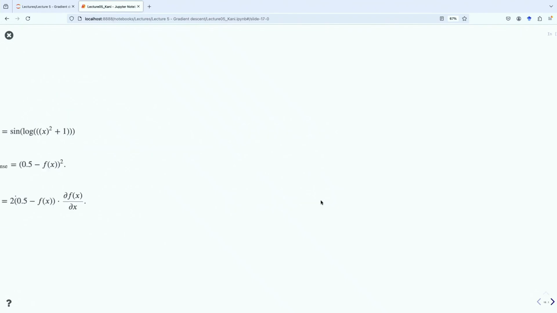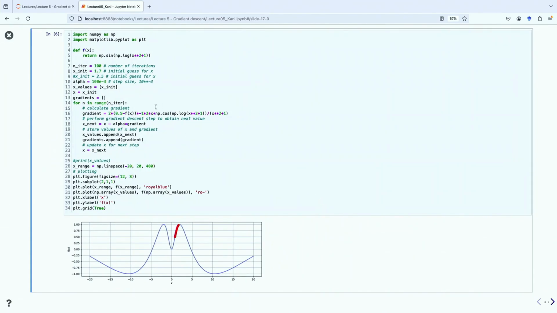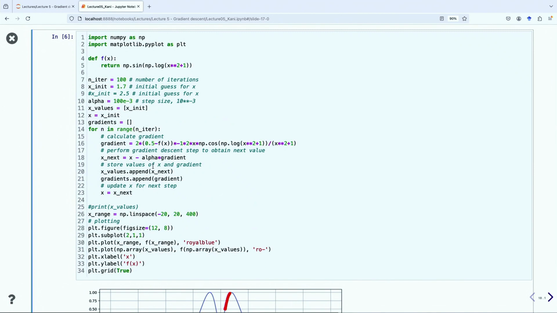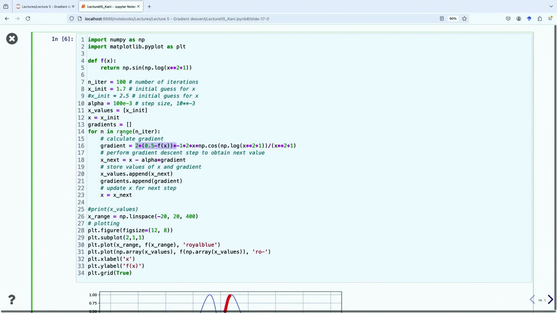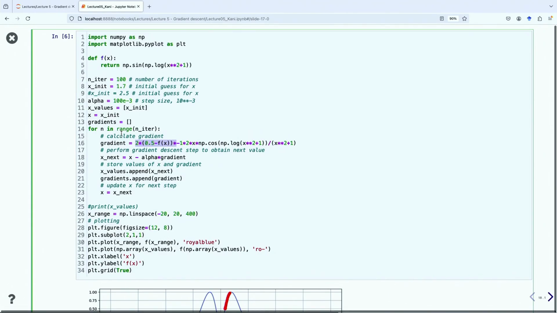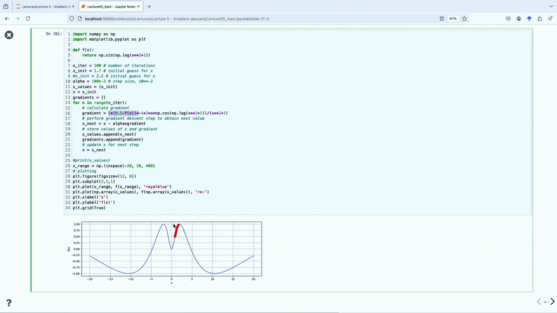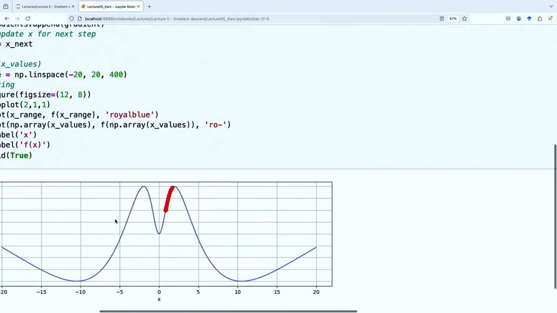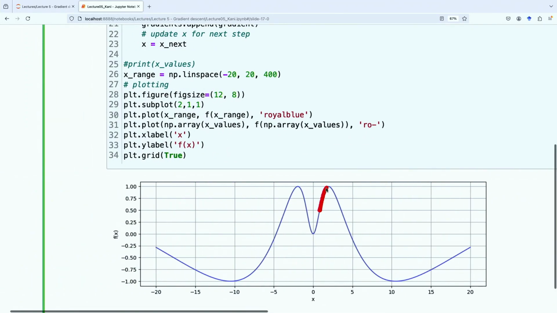So the code would look something like this, where all we've done is change the gradient to include the gradient of the objective function. And so if we actually do the graph again, we see that if we take gradient descent, we start at 1.7 and we go down and we reach a value where y is equal to 0.05.